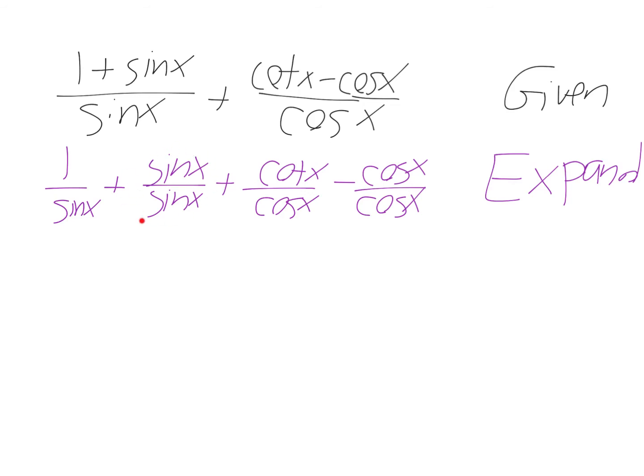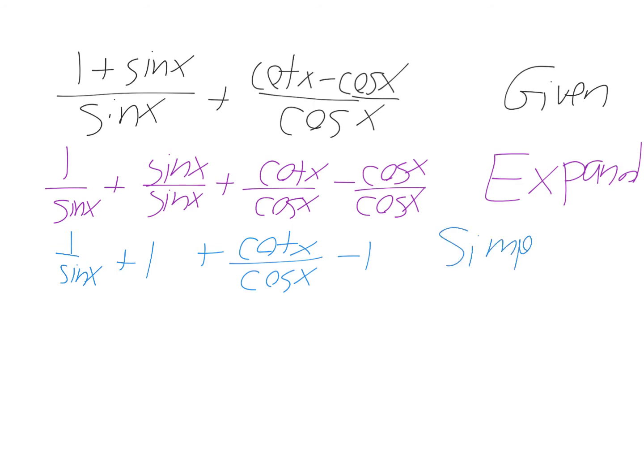Whenever I have a numerator and denominator that are both the same, like here with sine x over sine x, or cosine x over cosine x, I can actually simplify that down to 1. So that would give me 1 over sine x plus 1 plus cotangent of x over cosine of x minus 1.